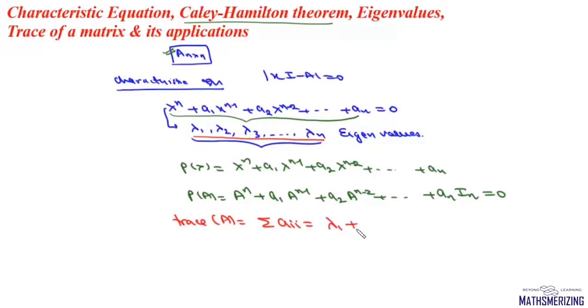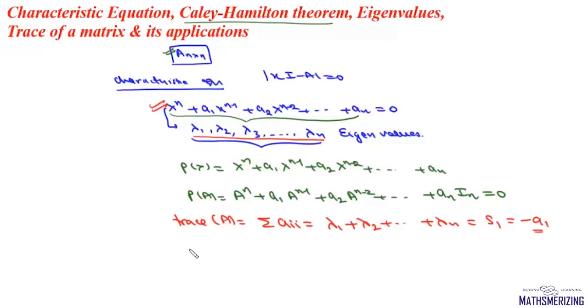So it will be lambda 1 plus lambda 2 plus lambda n, which is nothing but S1, and S1 in this case is simply minus a1. So from this characteristic equation, we can simply find the trace of any given matrix A.